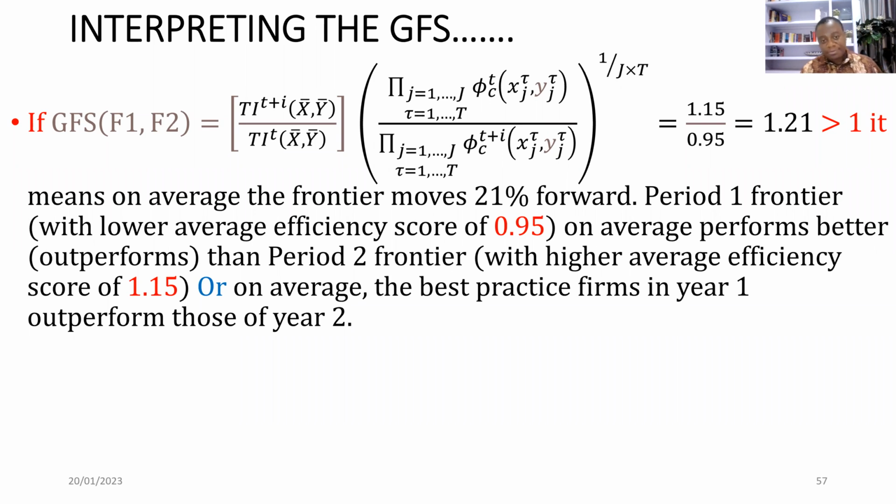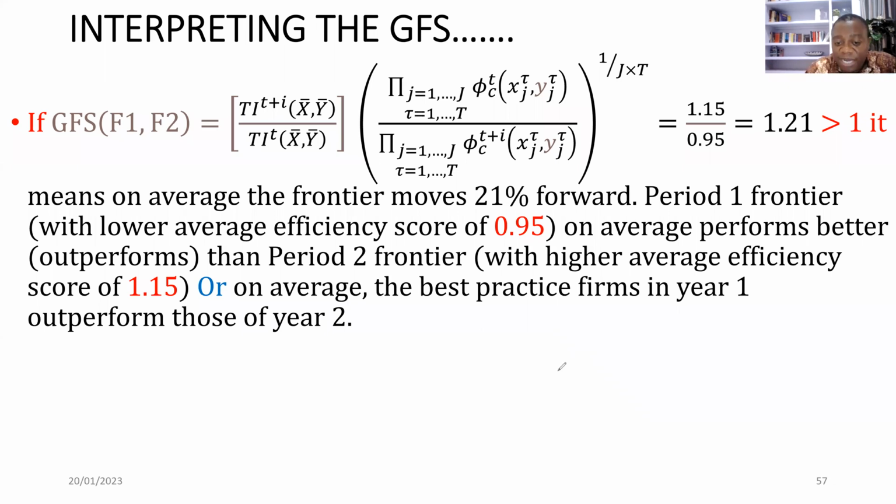Do you get it? And that also means that the frontier has moved forward rather than backwards. When I say a frontier has moved forward, let me just show you something.